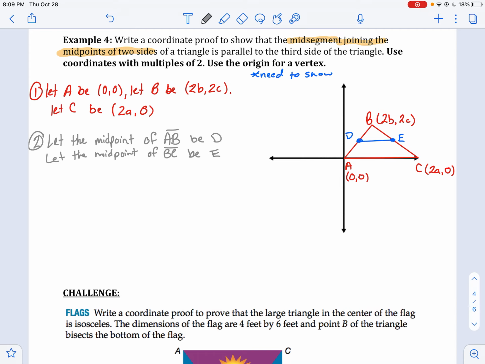But I need to show that DE and AC have the same slope. That's what I really need to show.